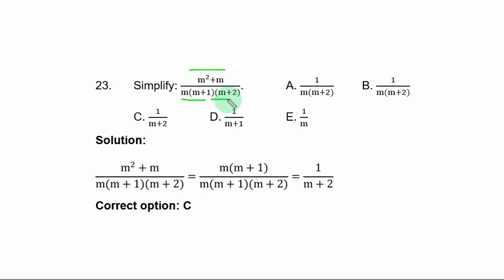All we need is to simplify the numerator by factoring out m. You have this result. m cancels m, m plus 1 cancels m plus 1. You are left with 1 over m plus 2. The correct option is C.